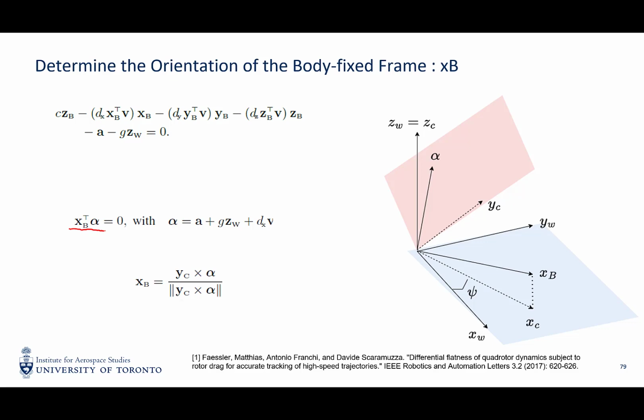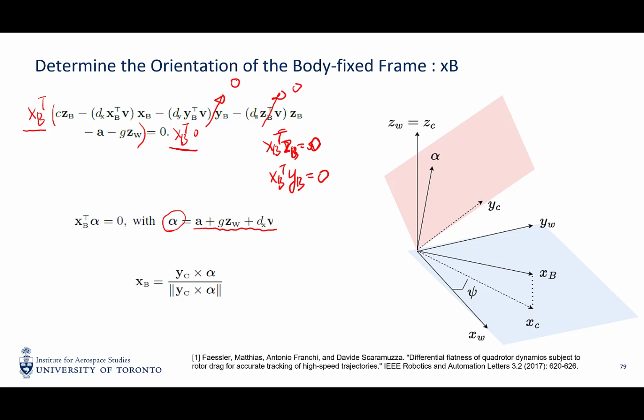But if we multiply by the vector xb, and define alpha in this format, so basically if we multiply xb on both sides of the equation, because xb transpose zb is 0, since these two axes are perpendicular, and xb transpose yb is also 0, then when we do this multiplication, these two terms are cancelled, and this term is also cancelled.